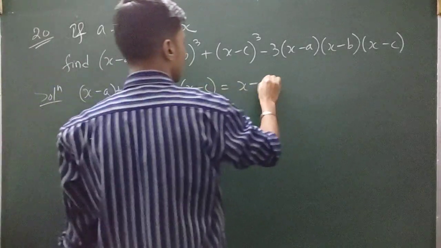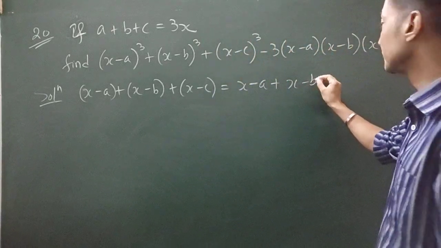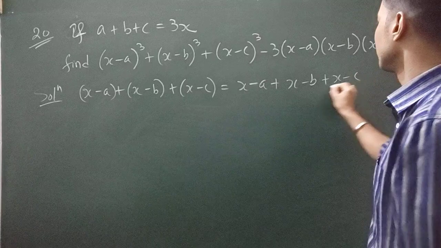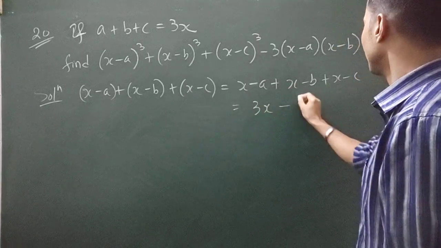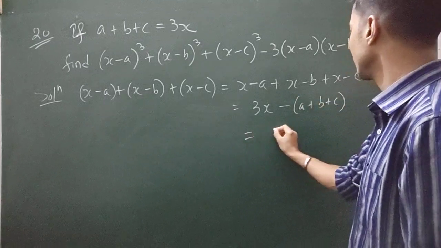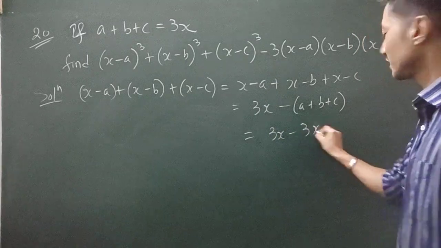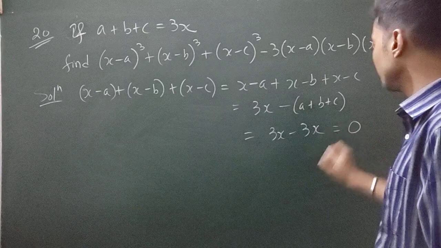I'll just remove the bracket. So that's going to be x plus x plus x, 3x, minus common for all, a plus b plus c. So that's going to be how much? 3x minus 3x. So that's of course going to be 0.